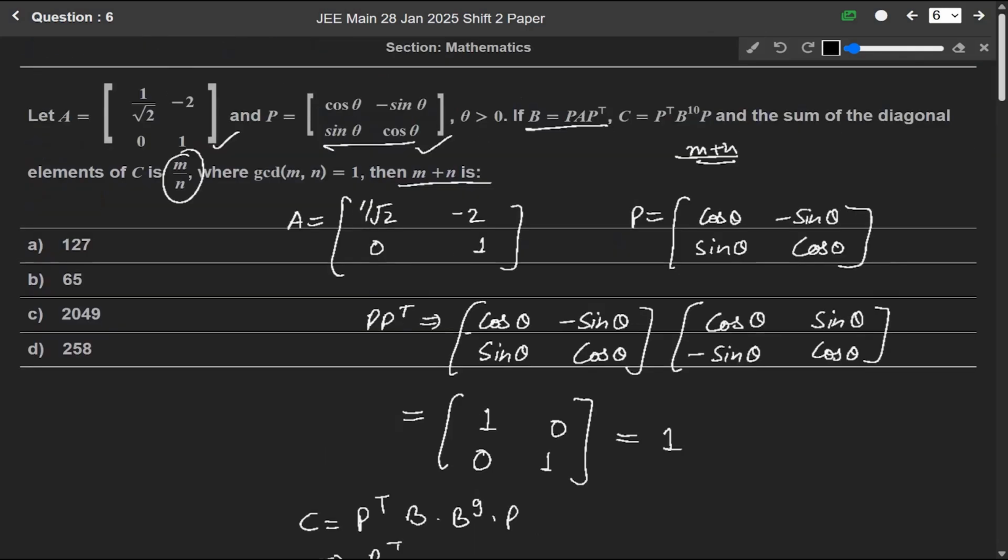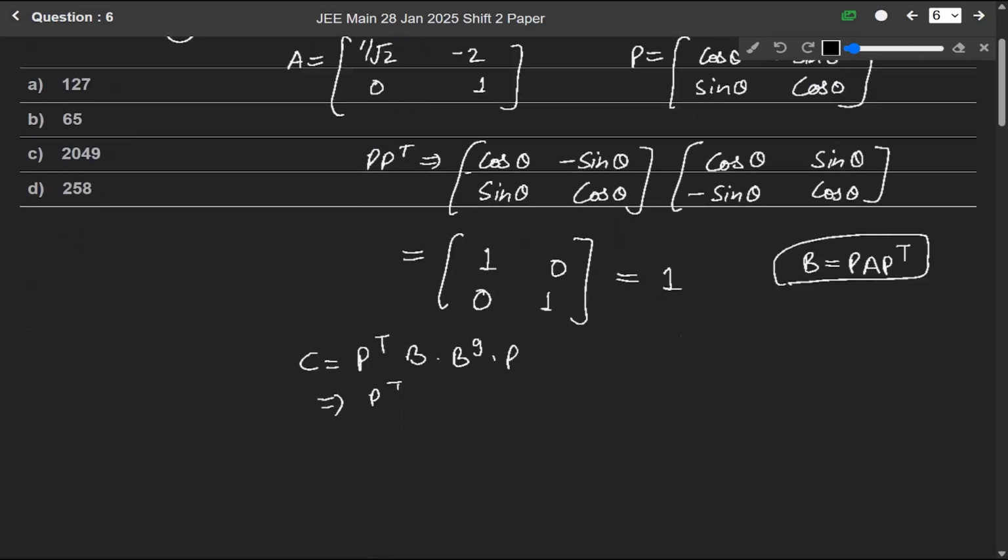Okay, A is given by this and B is given by PA into P transpose. So in this line, we can write PA into P transpose into this B9 into P. So we can write it as, if we take here, it will be A P transpose.